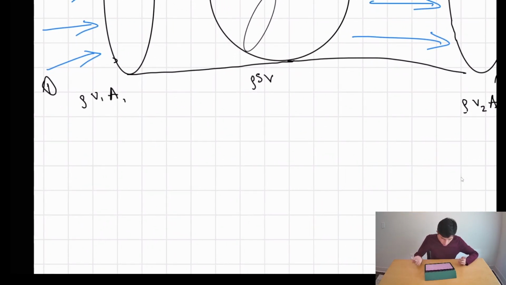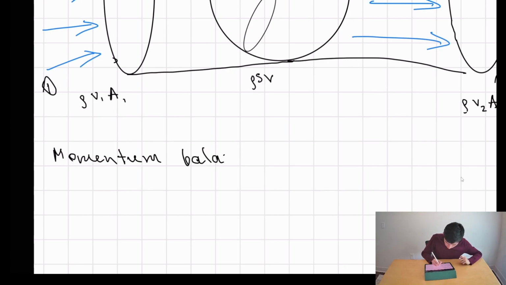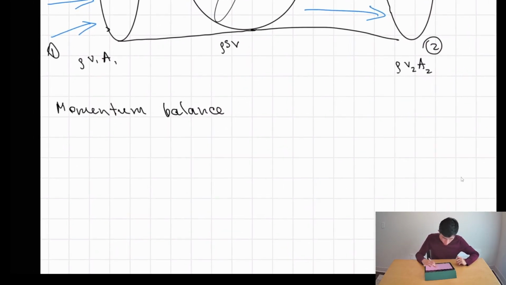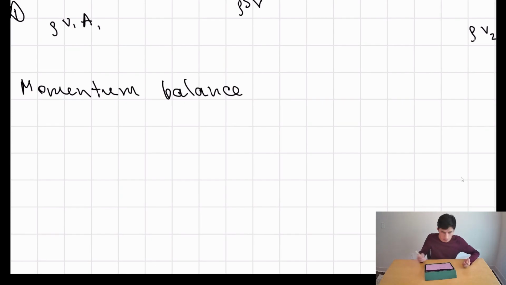Okay, let's consider the momentum balance for our particular scenario. Momentum balance. Okay, so our momentum is going to be d(mv)/dt, the derivative of mass times velocity over time.